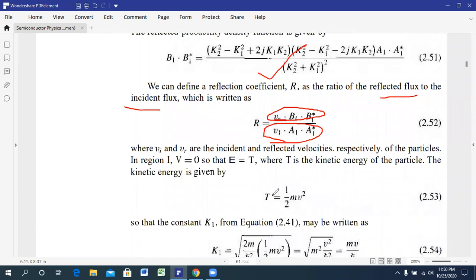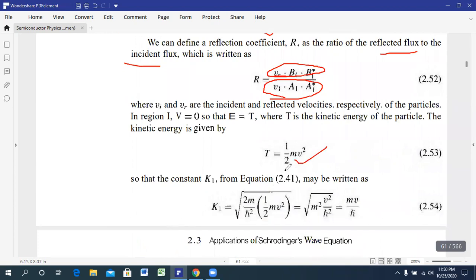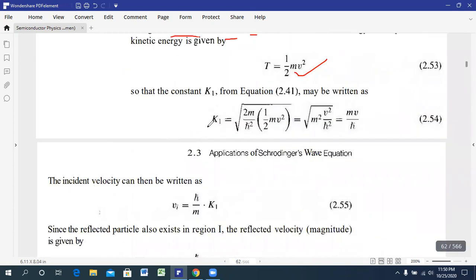So we know that T max equals T, the kinetic energy, T equals half mv square. So using that formula, for the maximum values of E at V equals 0, this E value should be equal to T. So using that formula, we can find K1 should be equal to half M divided by H bar.